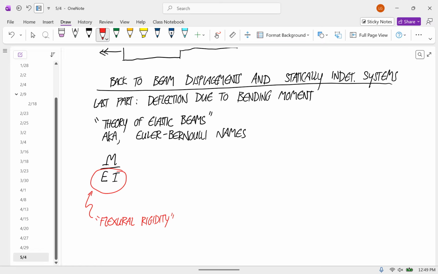Because they determine how easy or hard it is for a beam to be bent. M over EI is equal to the curvature of the beam, which is usually denoted with the Greek letter kappa, just for future reference or whatever.